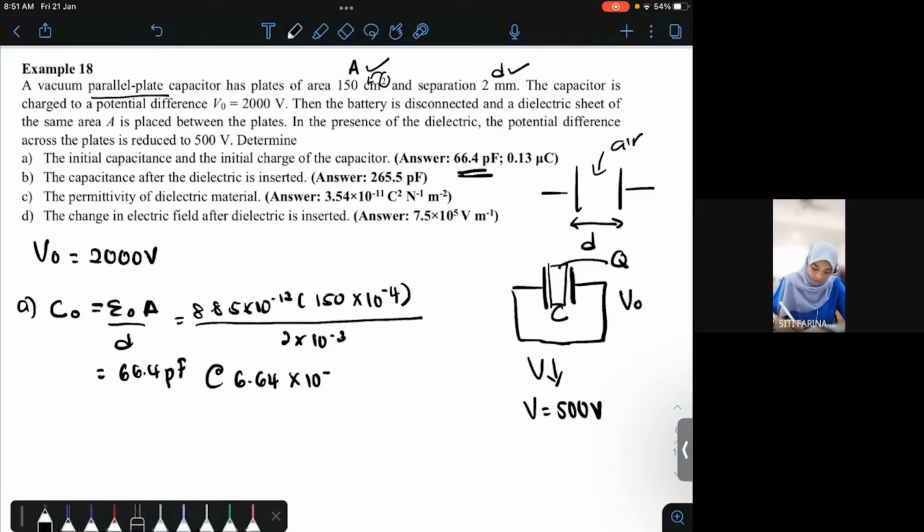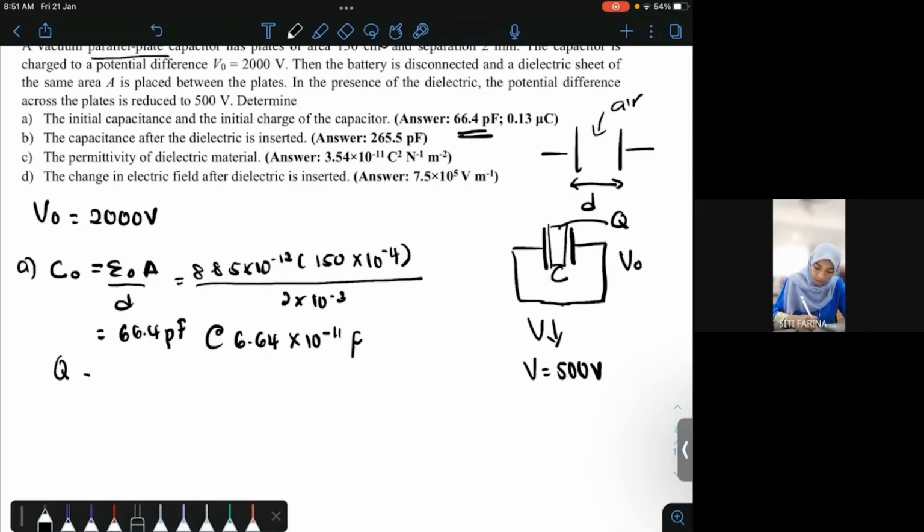Negatif 11 tadi, farad. And then Q pula, kita masih tengah cakap pasal Q waktu fill dengan air. Dan kalau kita tahu, setiap kali kamu insert dekat sini, the Q is going to be the same here sebab C dengan V is changing. Unless if it's still connected to the battery, dia case lain.